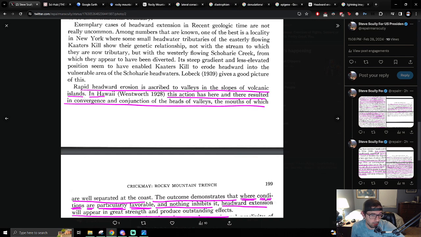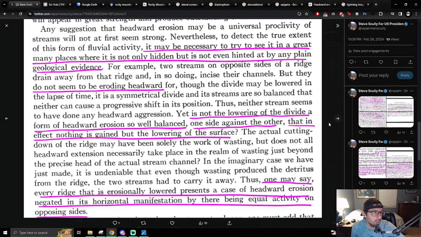The outcome demonstrates that where conditions are particularly favorable, like the flood, and nothing inhibits it, like highly pressurized currents, headward extension will appear in great strength and produce outstanding effects.